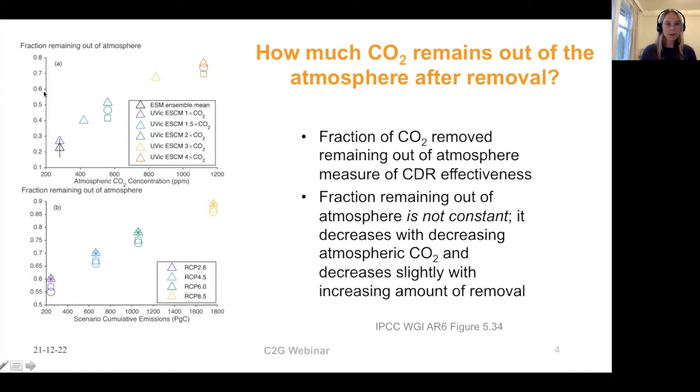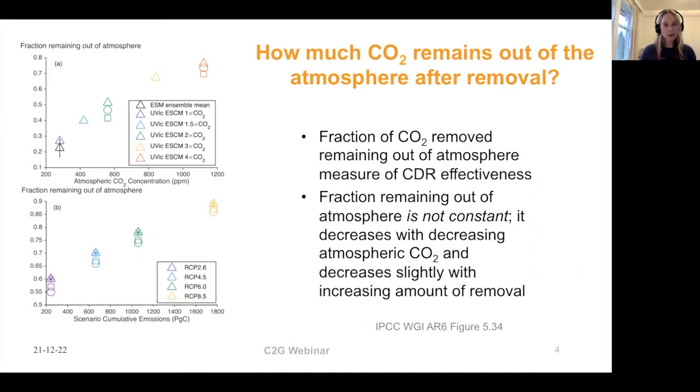So this is illustrated, for example, in this upper panel here, which shows the fraction of carbon dioxide that remains out of the atmosphere after removal as a function of the CO2 concentration from which carbon dioxide removal is applied. And what we see here is that as the CO2 concentration decreases, the fraction that remains out of the atmosphere, or in other words, the effectiveness of carbon dioxide removal decreases as the atmospheric CO2 concentration decreases.